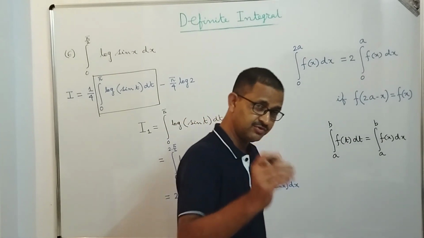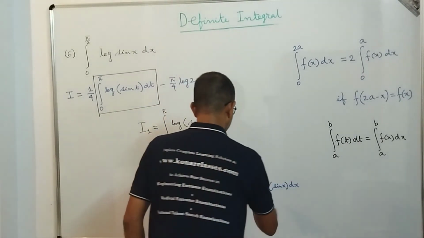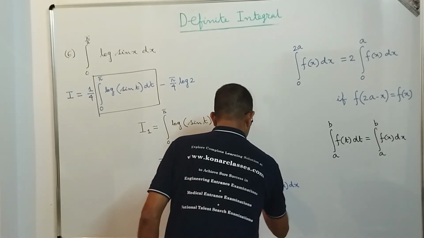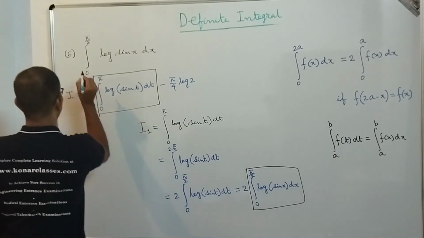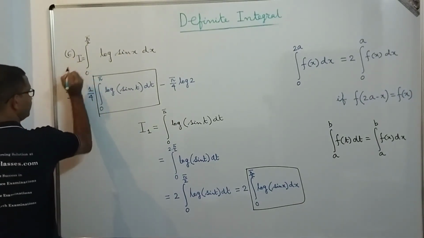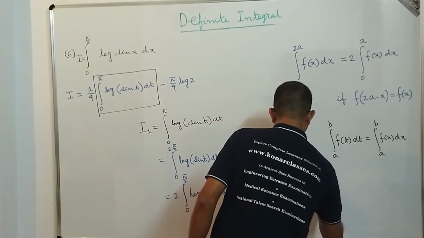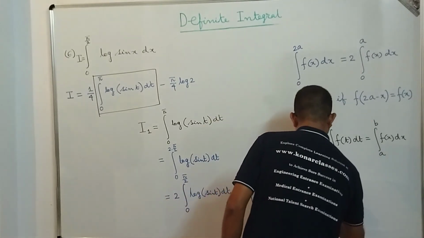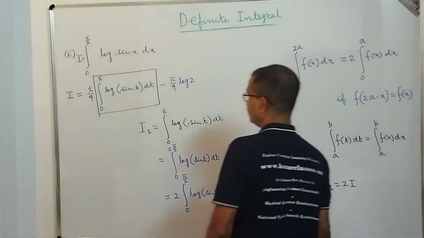In fact, these variables are known as dummy variables. If you look into this particular integration, this is nothing but our given integration I. We took this as I. So this implies that I1 is equal to 2 into I.